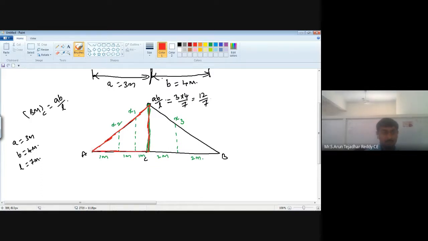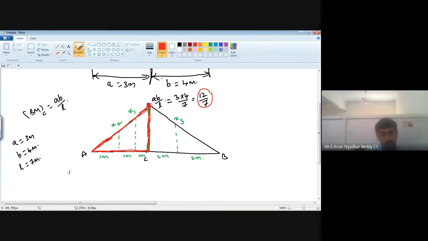This complete red color is the bigger triangle. Now, from this bigger triangle, what is the perpendicular and what is the base? Perpendicular already we calculated, AB by L, we got 12 by 7.